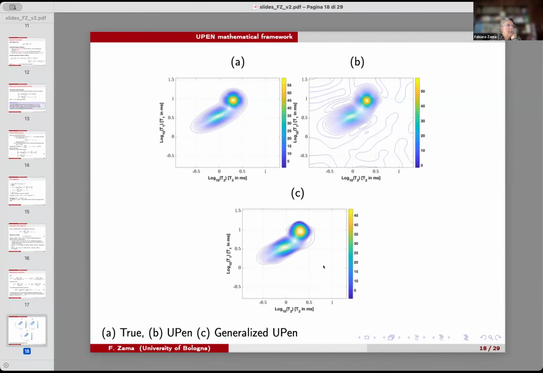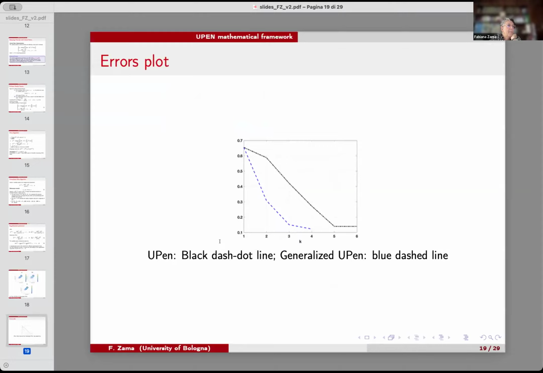The last plot is interesting because we can compare the behavior of the errors. These are relative errors. We see the UPenn errors in black, which is the theoretical initial method.